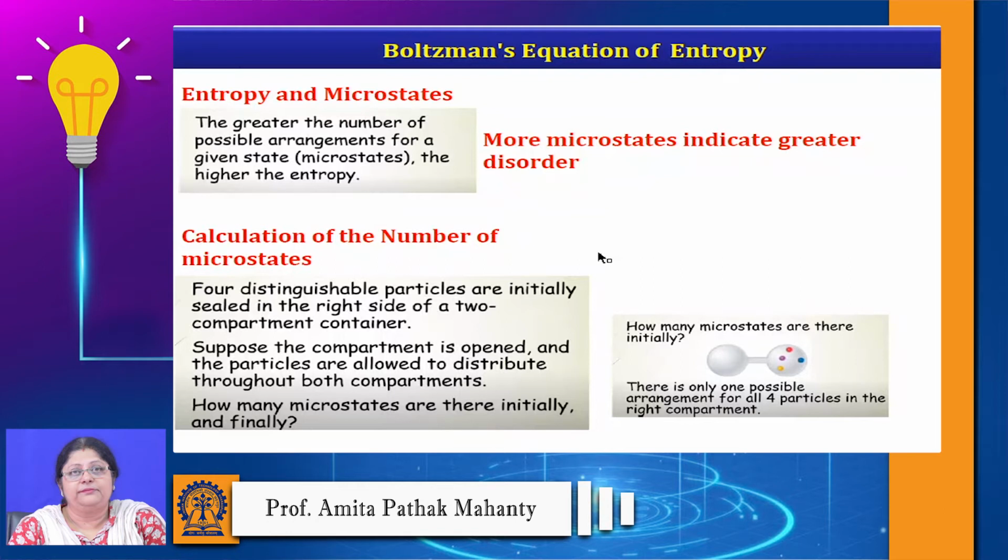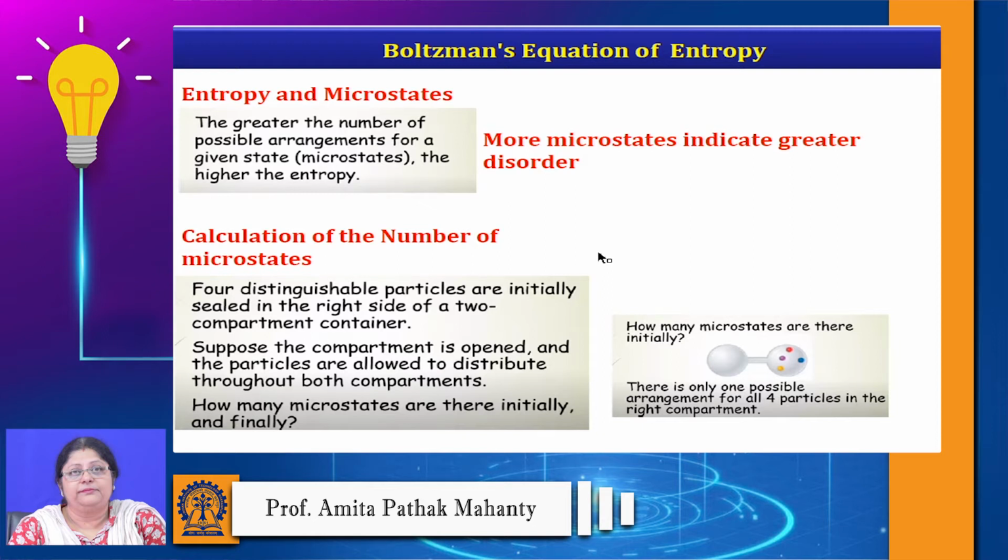Okay, so suppose I have the same Joule's expansion experiment done in a manner where I'm looking into the molecules. I have 4 distinguishable particles sealed in one side of the bulbs.